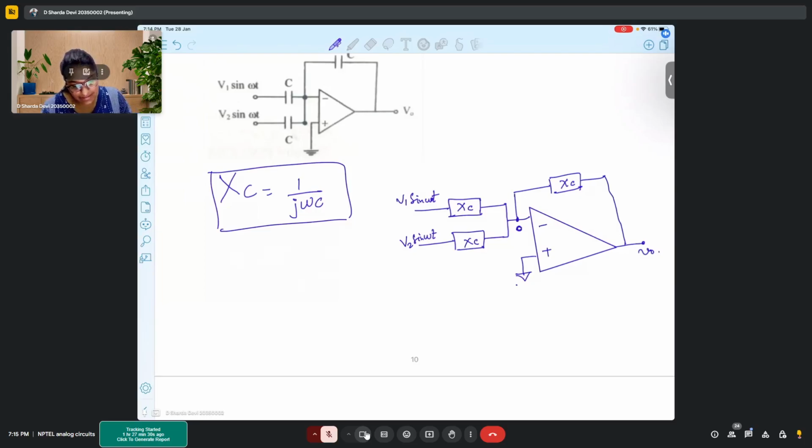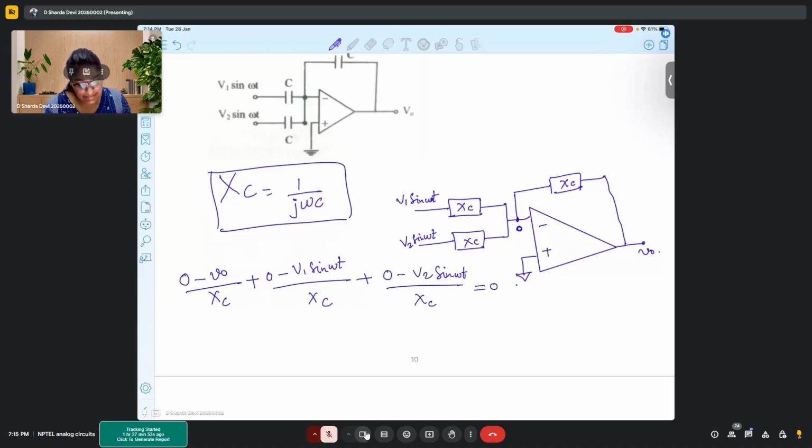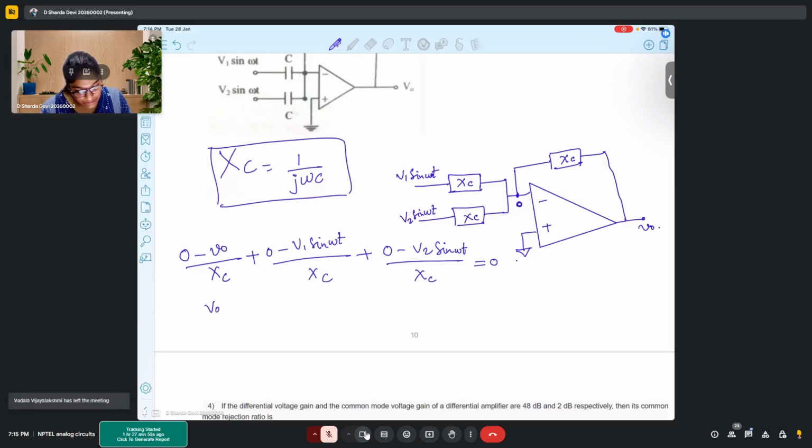So how do I write KCL? 0 minus V naught by XC plus 0 minus V1 sine omega t by XC plus 0 minus V2 sine omega t by XC equals 0. So V naught upon XC equals minus (V1 plus V2) sine omega t by XC.